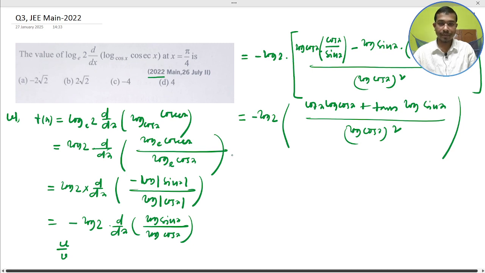So therefore f of pi by 4, put this value x equal to pi by 4.